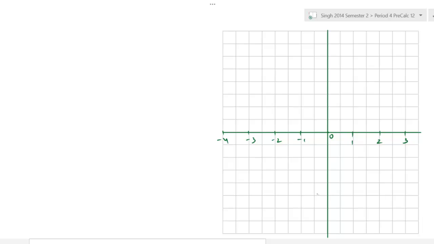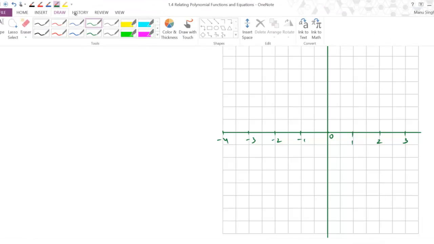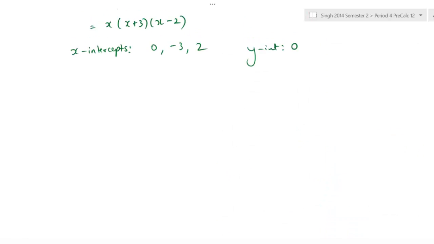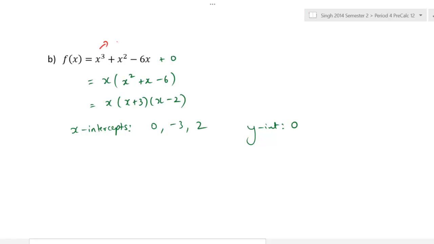The y values I will check in a bit and I'll set my scale accordingly. So I know that I have x-intercepts at 0, -3, and +2. I also know that it is a cubic function with a positive leading coefficient. So based on that, the shape I should be expecting is something like this.